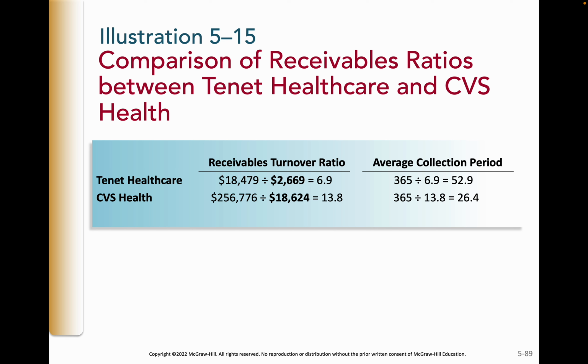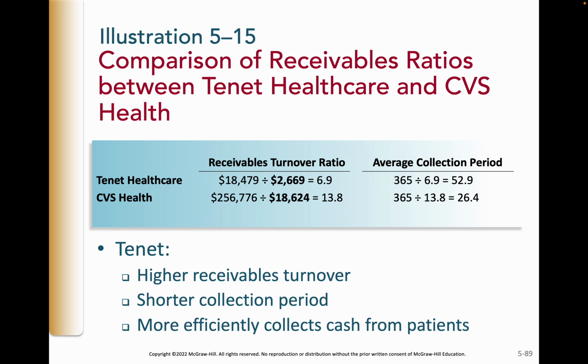When we start to compare two companies, if we're looking at dollar amounts, we're going to make some pretty interesting comparisons. Like CVS has 256,000 in sales versus 18,000 in credit sales. That's a huge difference. But when we look at turnover ratios or average collection periods, it's a little bit more like comparing apples to apples because we now have ratios to compare.